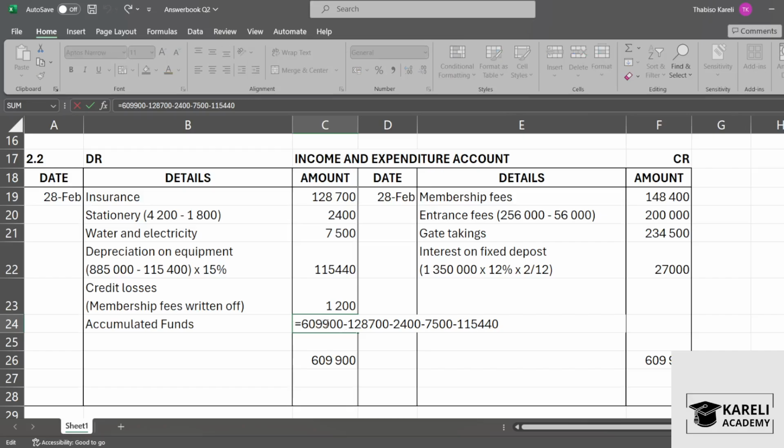Let me check 609,900. That is the total. 128,700, 2,400, 7,500, and 115,440. Or I did not include 1,200. Are they all? 1, 2, 3, 4, 5.